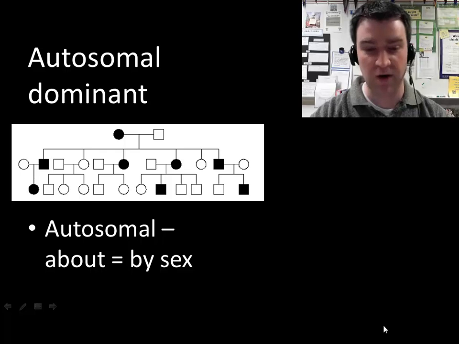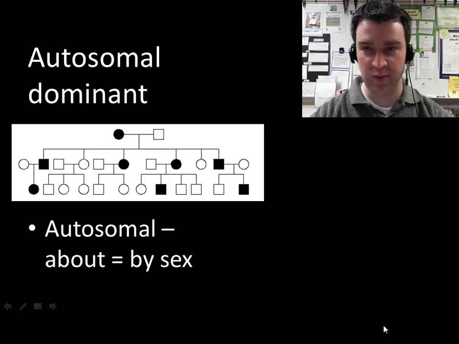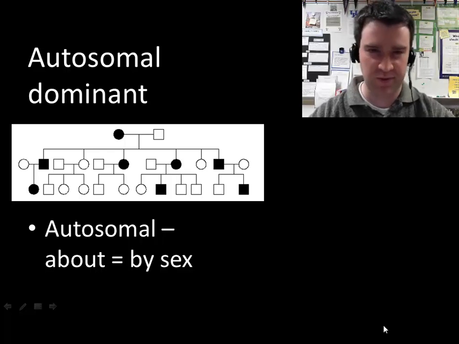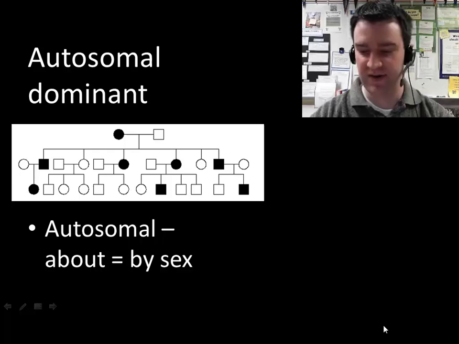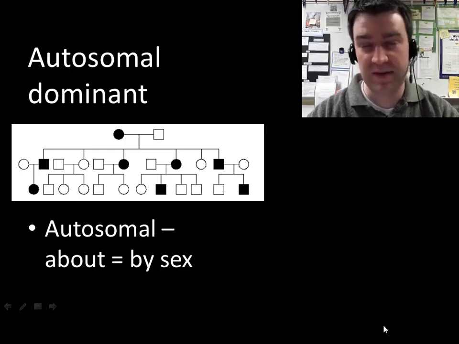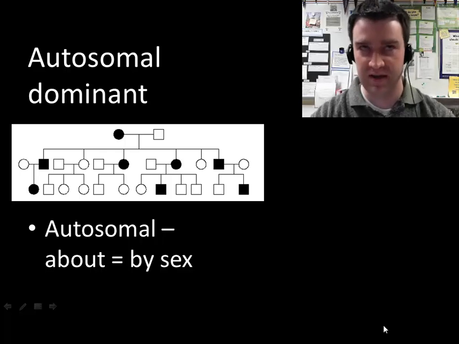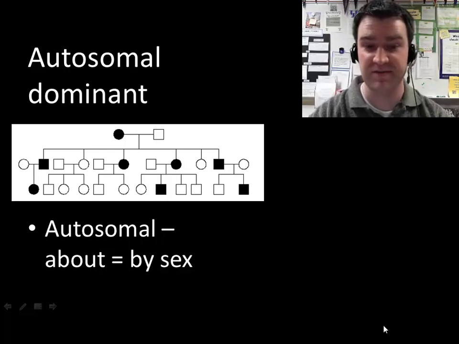The principal evidence for autosomal traits is that if they're on the autosomes, they should be about equally present in males and females. They don't have to be exactly equal, but in general it should be roughly equal, as compared to something else we'll talk about soon. That's because there are 2 of each chromosome in the autosomes in both males and females.